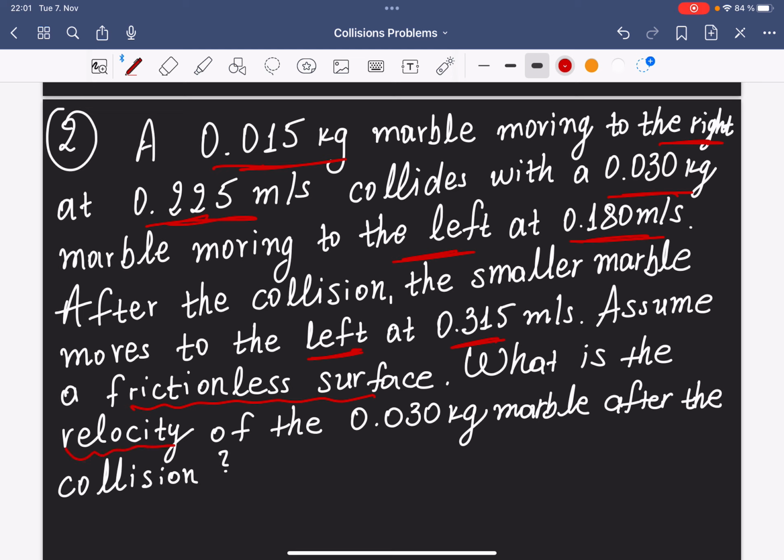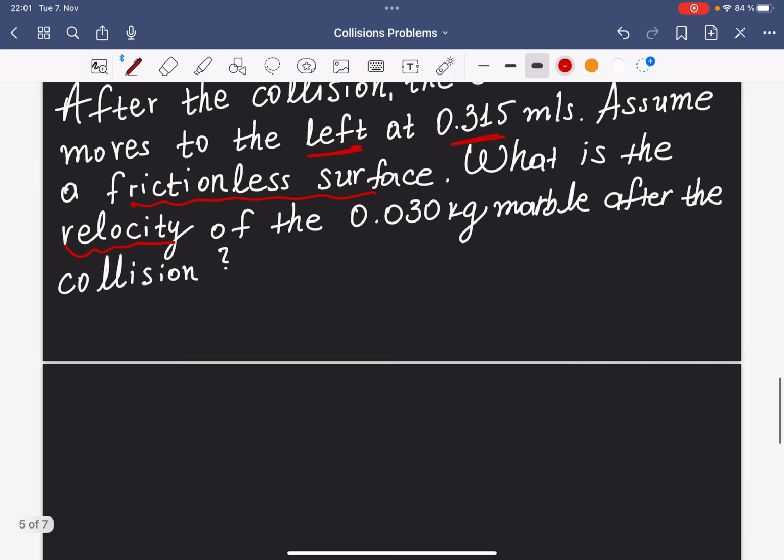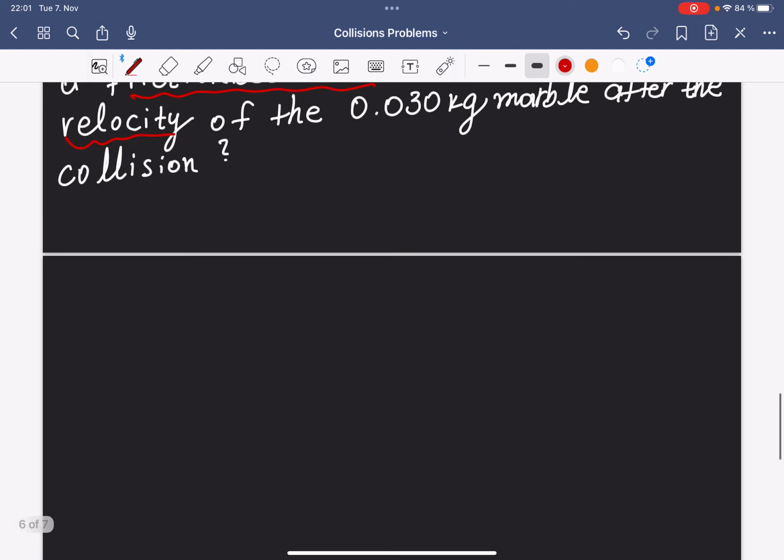what could really help us in this scenario is to draw a diagram and see what is actually happening in the collision.